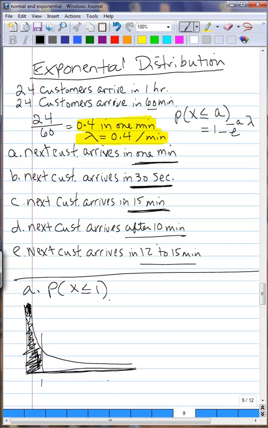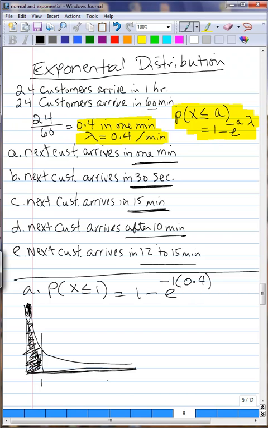To compute this, we will apply this equation that your book gives us. Plugging in for a and for lambda, we get 1 minus e to the power of negative 1 times lambda, which we computed to be 0.4.